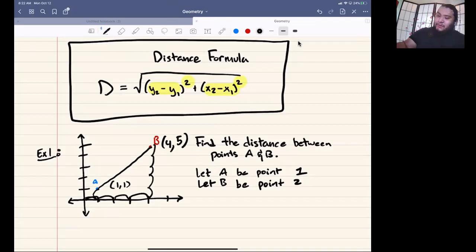So A is equal to 1, comma 1, and B is equal to 4, comma 5. Then we're going to label this.